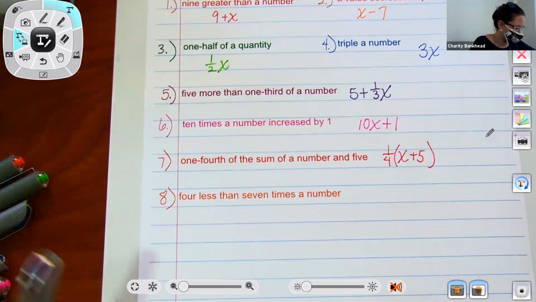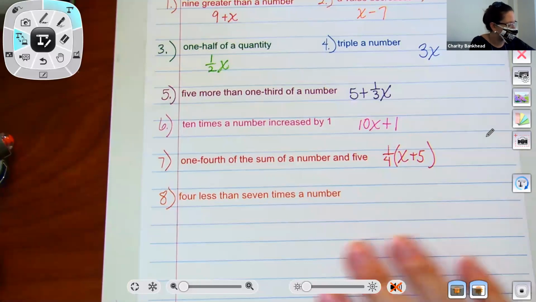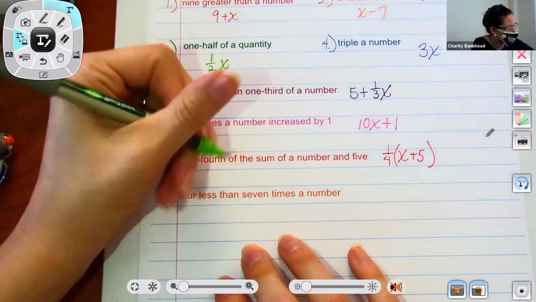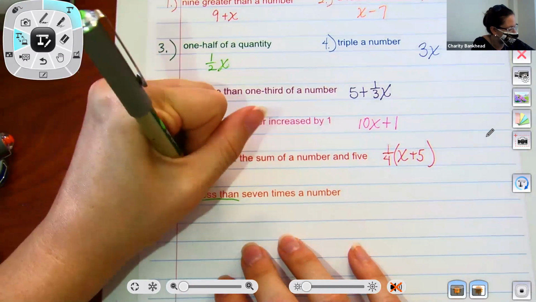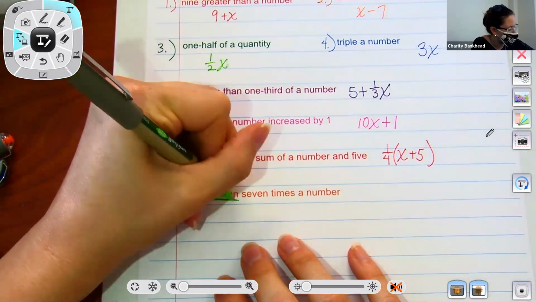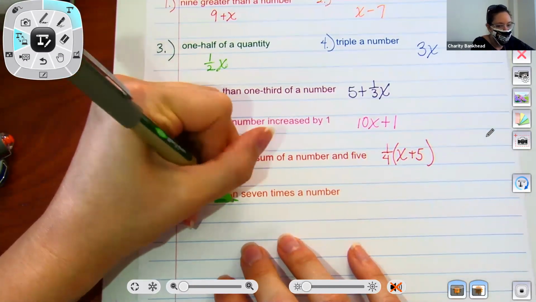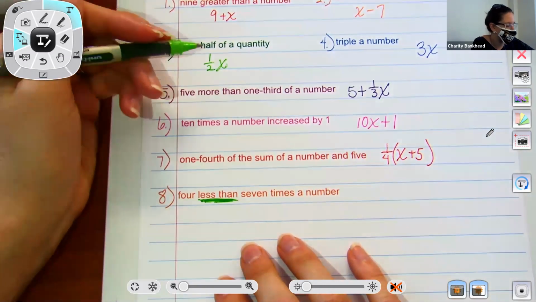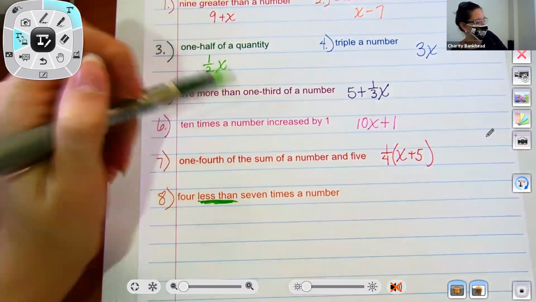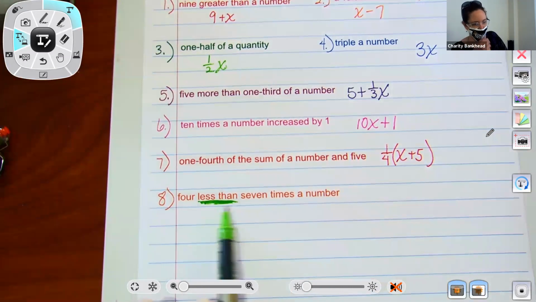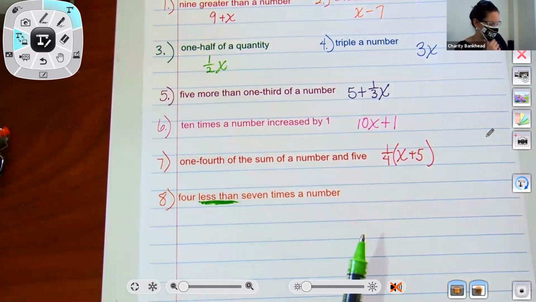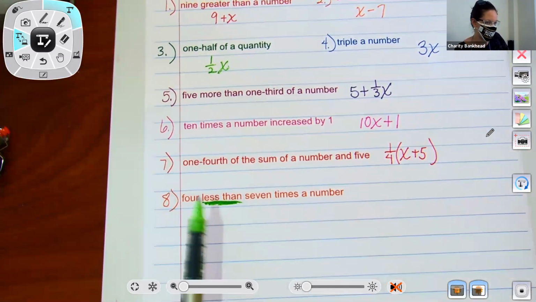And number 8. All right, so this is one where it's a little different. You have to be careful. Whenever it says less than, that's going to reverse the order. Like I said, normally it's in the same order that it actually says it. But if it says less than, then it's going to reverse the order.